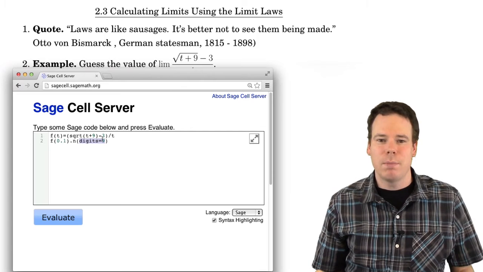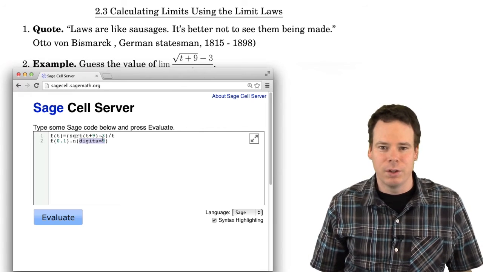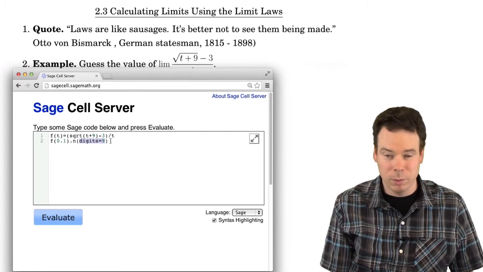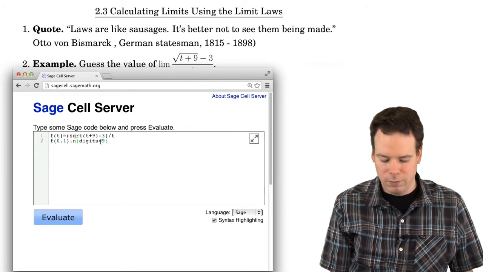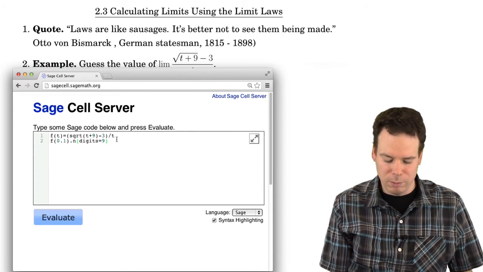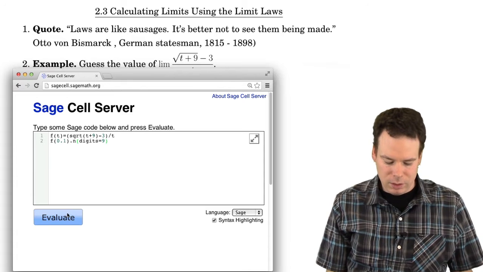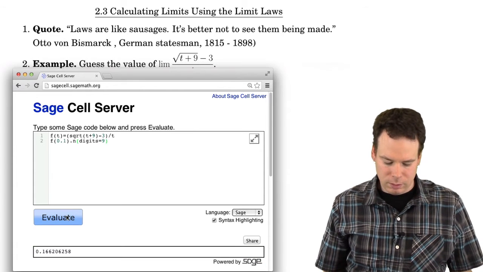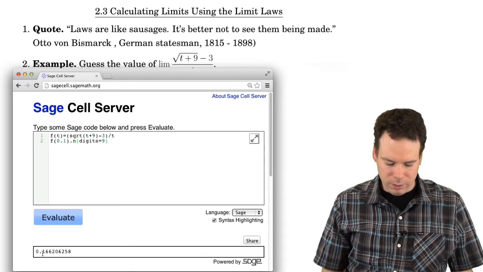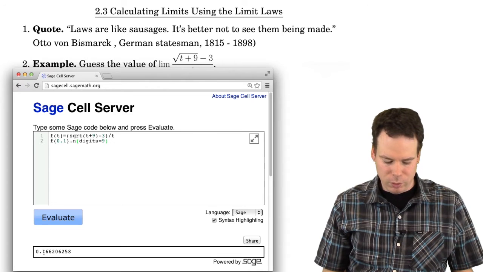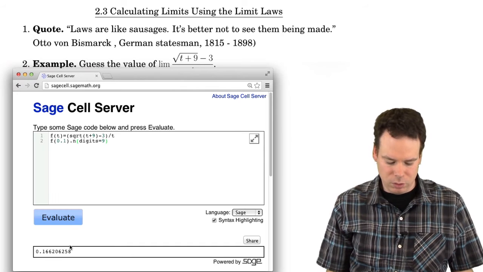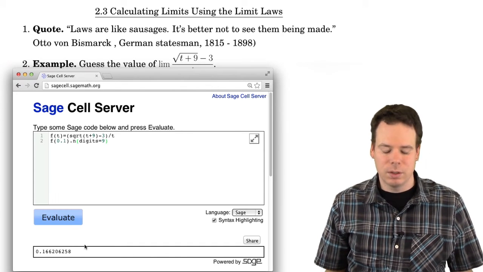I'm trying to mimic what your calculator probably does, since you'll probably work with 9 digits on your calculator. If it's more, you can always change this number to mimic that. Let's see what happens. So I can work out the value, and that's where I got the 0.1662206 from. I just truncated it and got rid of the last few digits.